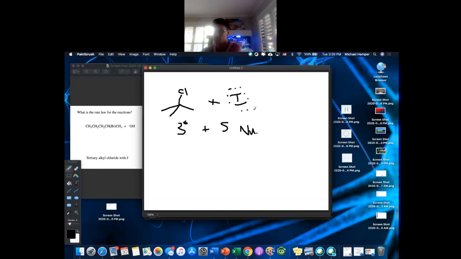We said before, what kind of reaction, SN1 or SN2, prefers tertiary substrates? SN1, and SN1, when it comes to rate law, only relies on the substrate. So the rate law for this will be only the substrate.